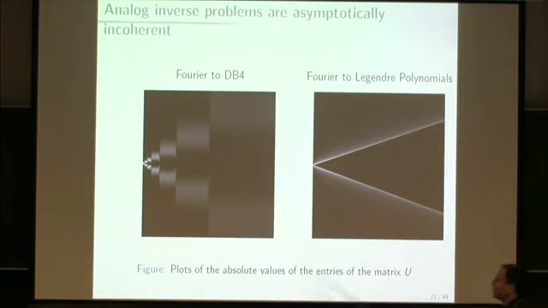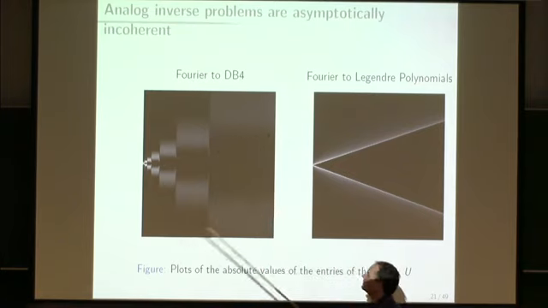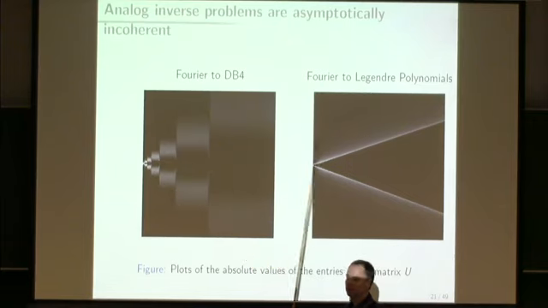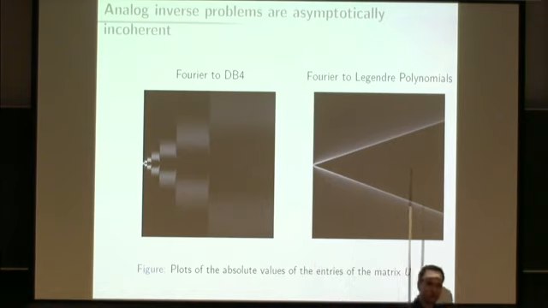So here I plotted this matrix that takes us from Fourier to dB4. And here is what you see. White is 1. The white is bad. Black is good. Black is 0. And here is the 1 that you get. It's completely coherent here. But it actually gets darker and darker the further out you go.